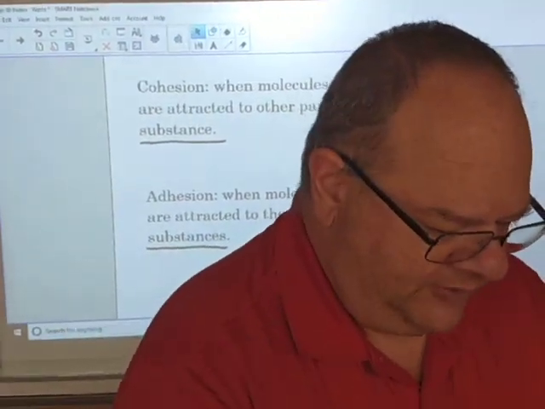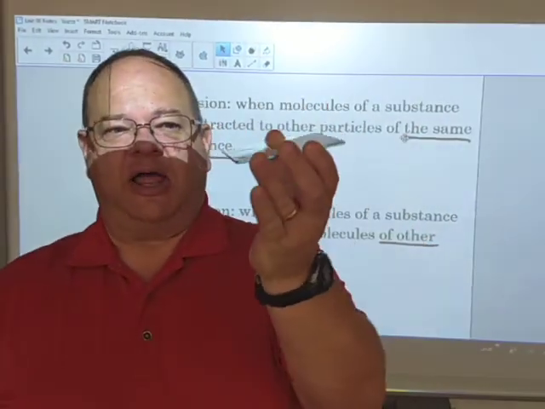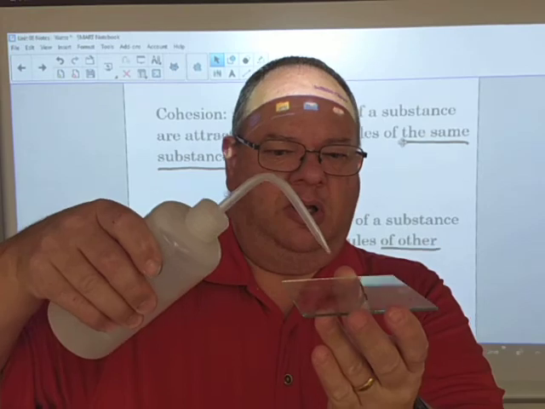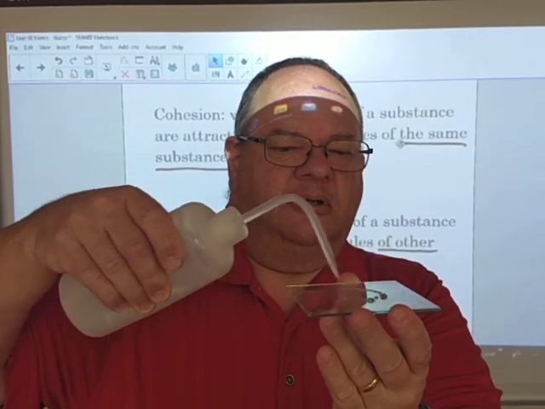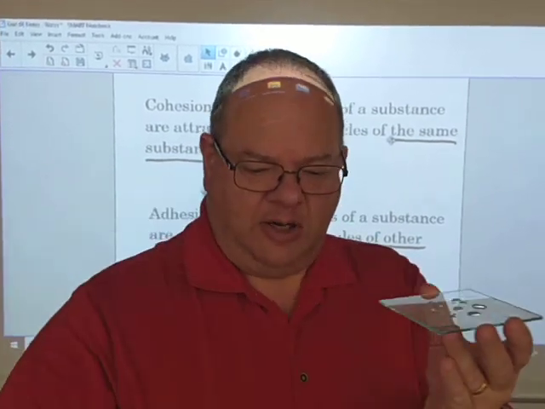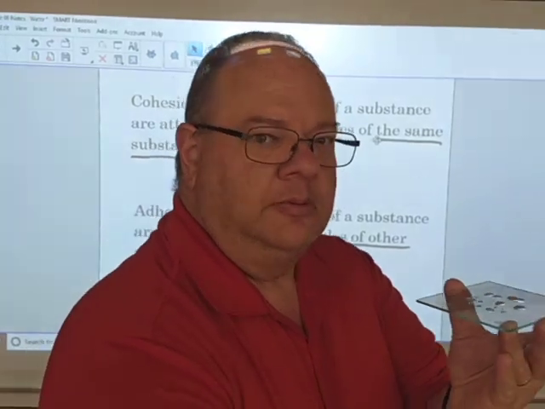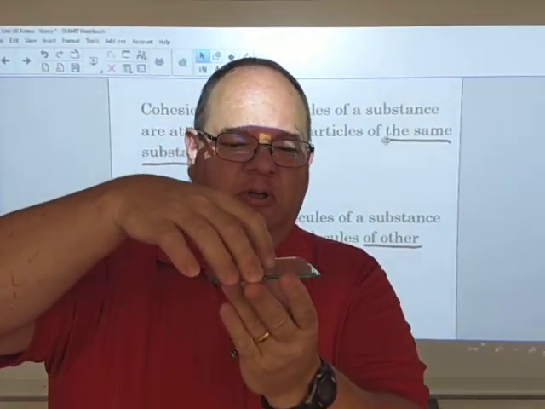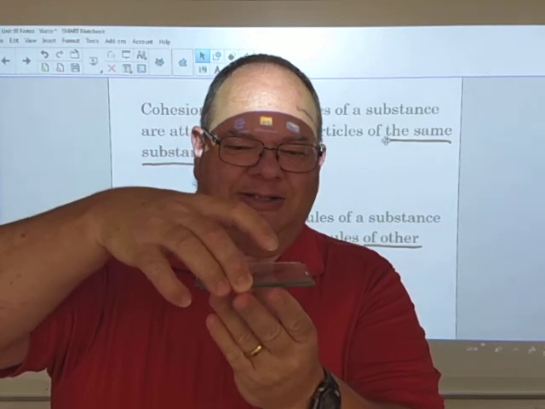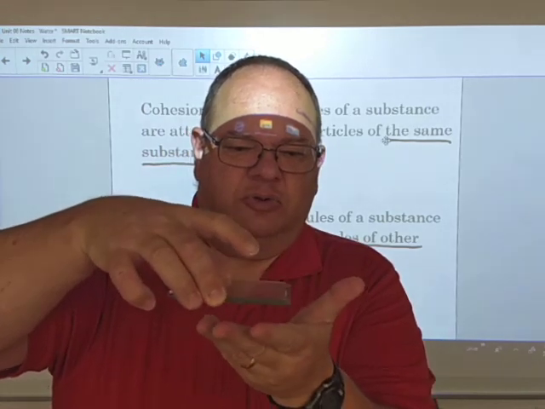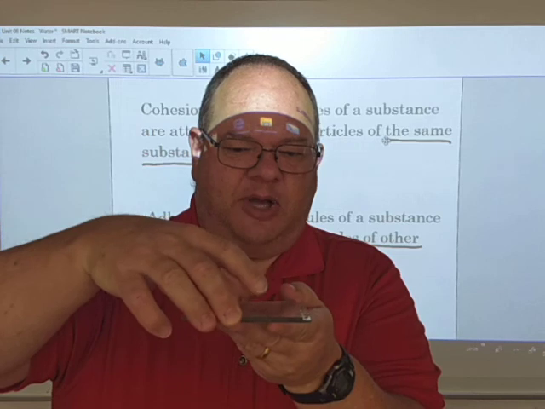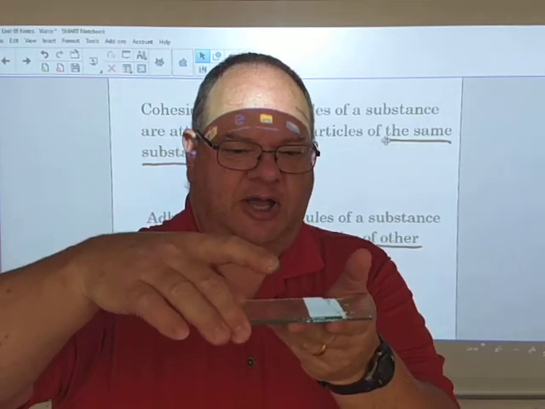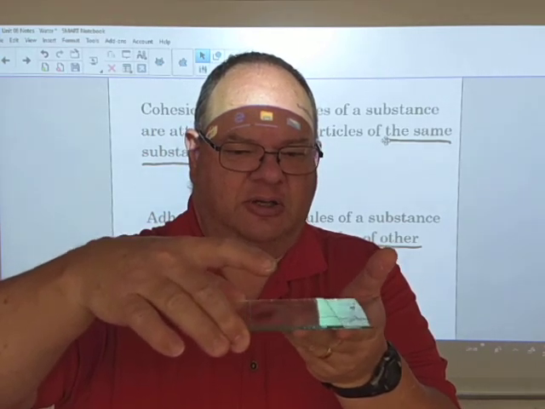Let me try to show you a different one. Here's a glass plate, and I'm going to put a couple of drops of water on there. I'm going to put another glass plate on top. This is really hard to show you. Let me grab over on the edges here.